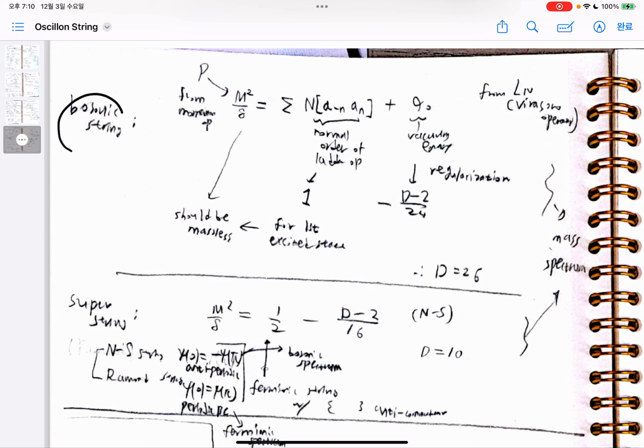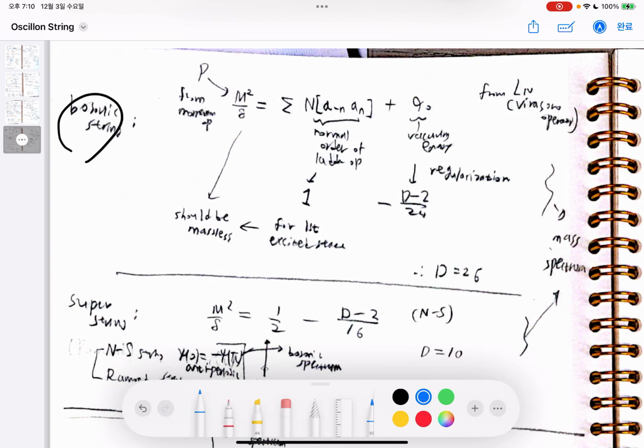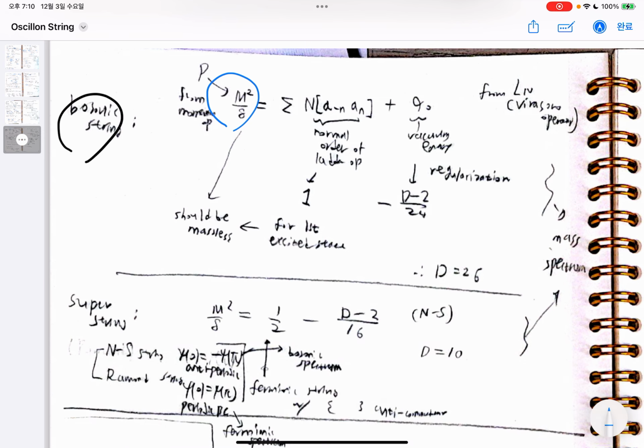For the bosonic string, we can obtain the mass eigenvalue from the momentum operator. And by the normal ordering of the ladder operators, there is some additional vacuum energy from the Virasoro operator. Then the first excited state corresponds to the normal ordering of the ladder operators. Such a first excited state should correspond to the massless state.